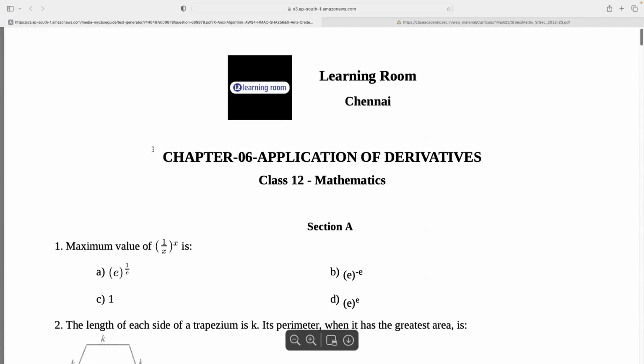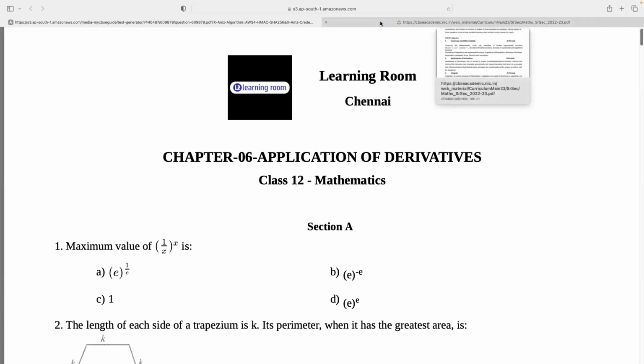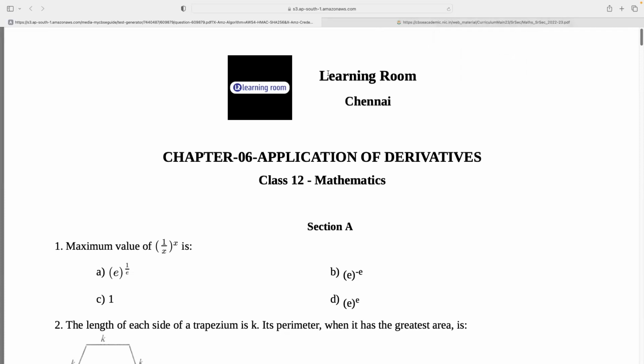So today's class, we are going to start with applications of derivatives. Am I right? Before I start, I just want to confirm once again, is there any doubt or any concept that is bothering you from the previous chapter, continuity and differentiability? Is there anything you want me to help with?